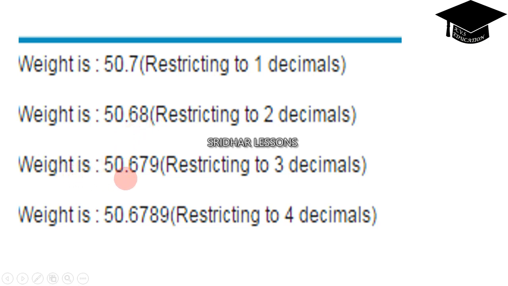And if the weight is 50.679, after the decimal we have 3 numbers, that means we can call it restricting to 3 decimals. If the weight is 50.6789, we can restrict up to 4 decimals. Like this we can measure the weight correctly and accurately.